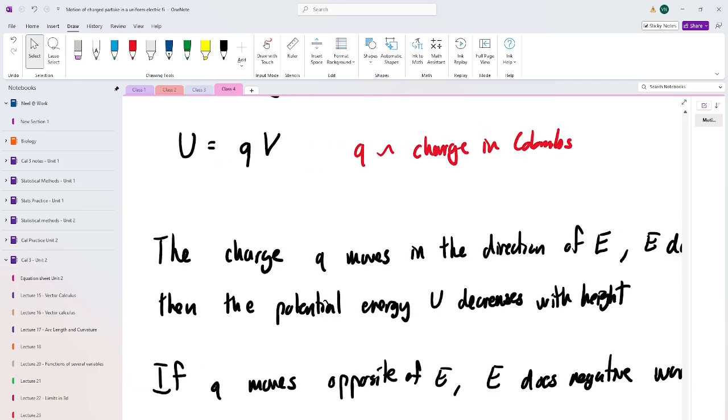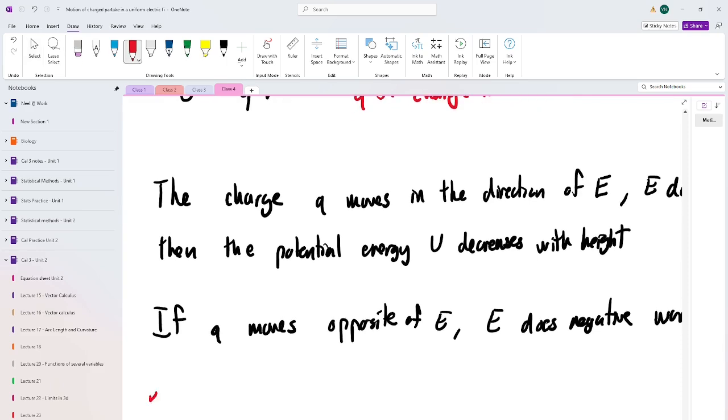And then you could also note that the inverse is true if we have a negative charge.